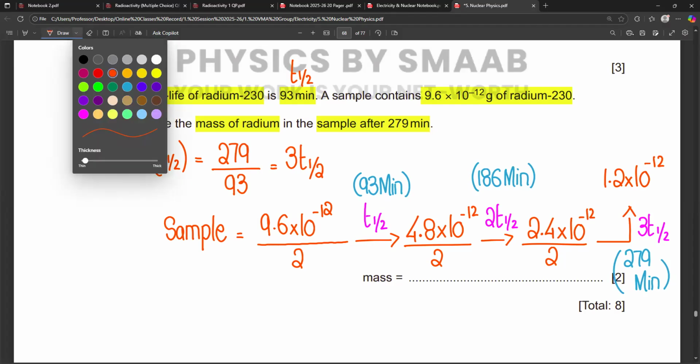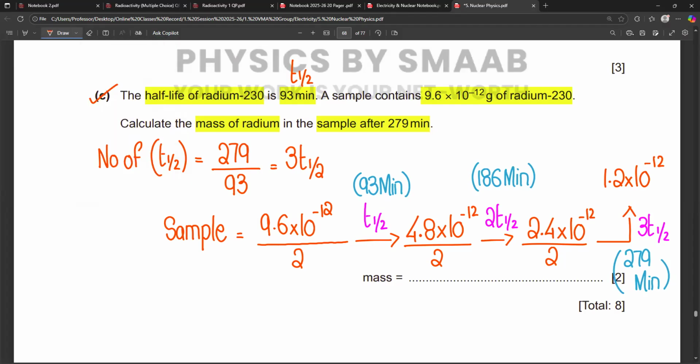And the final answer is 1.2 × 10^-12 grams, right? So this is the final answer of this question, right? Any confusion in this? No. Okay.